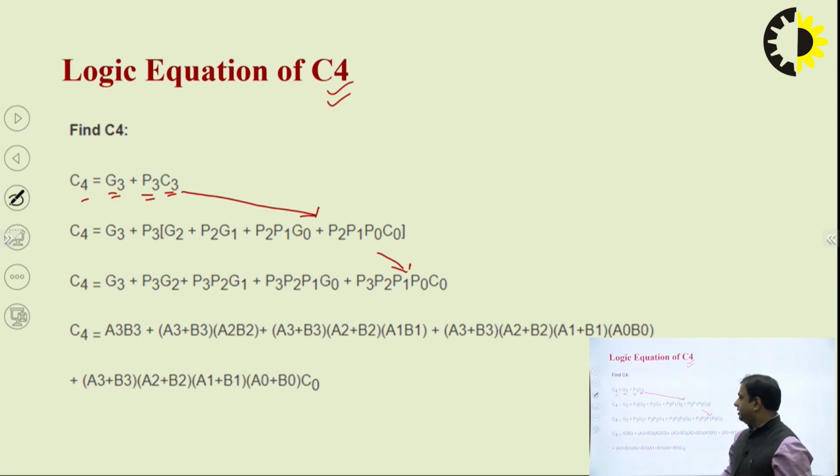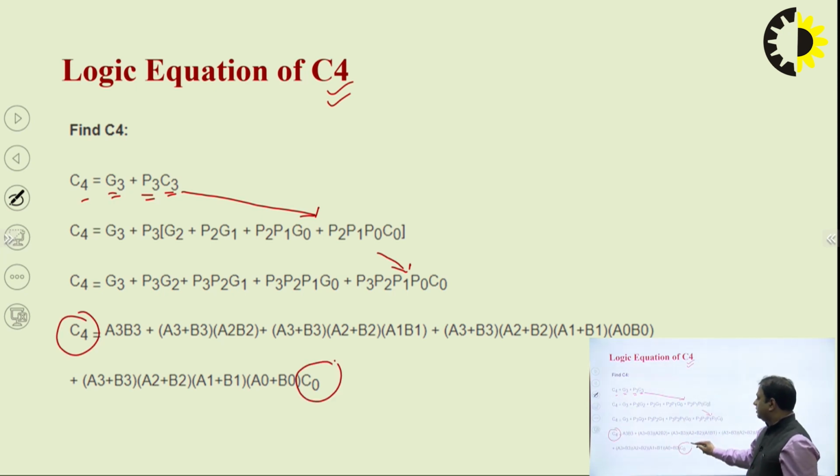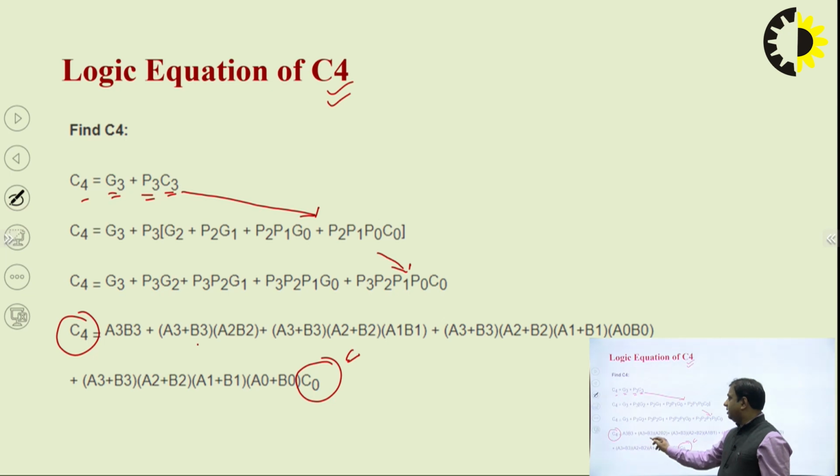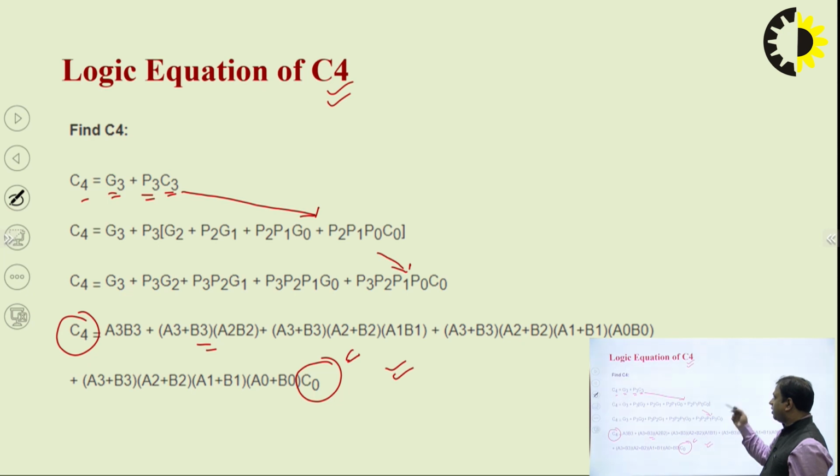Again, C4 has dependency on C0, so the purpose is solved: the carry is dependent only on the initial carry C0 and the given inputs, right. This is the importance of the carry look ahead adder. This is the diagram for the C4 that can be derived from this equation. That may be complex, but it can be designed.